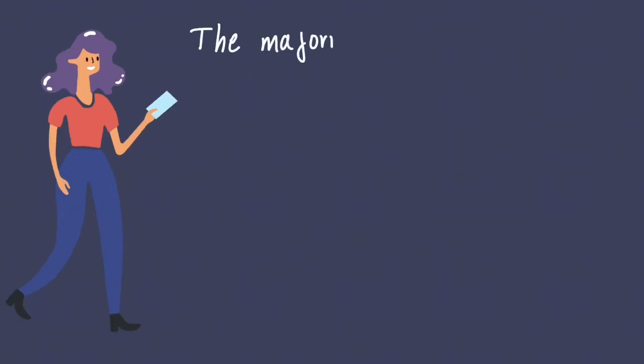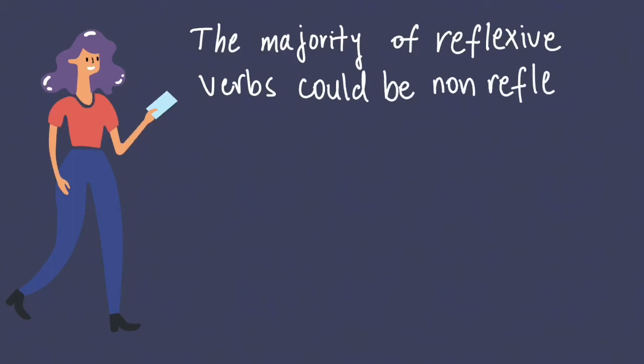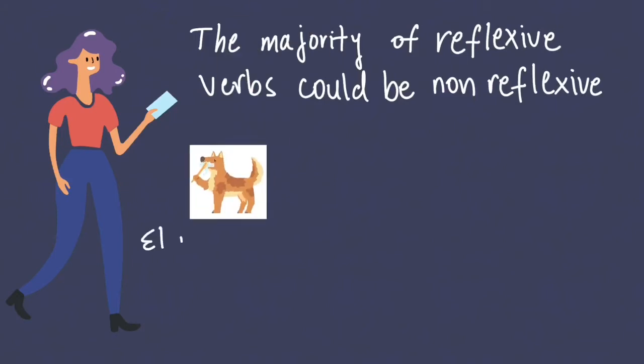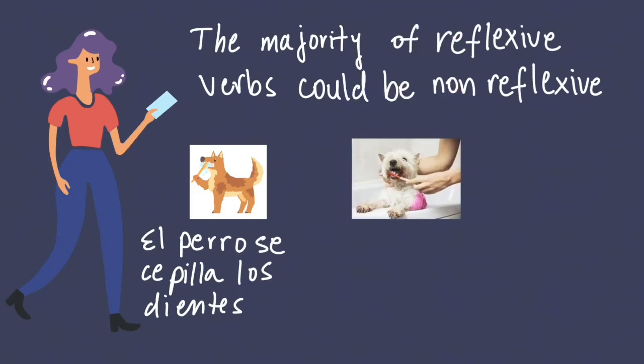So the majority of reflexive verbs could also be non-reflexive. So if we take a look at the first example, el perro se cepilla los dientes. In this case, the dog is the doer and the receiver of the action.